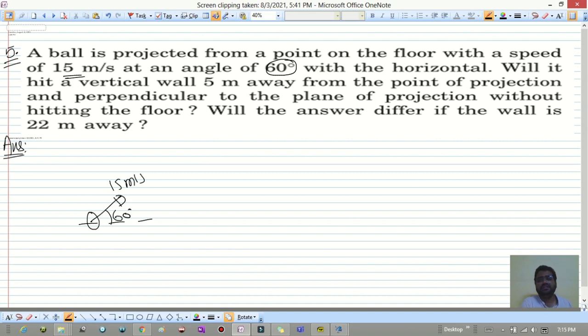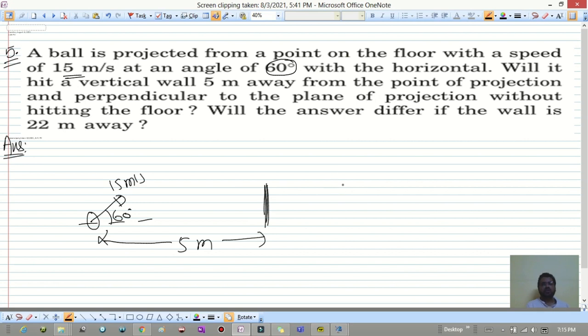Will it hit a vertical wall 5 meter away from the point of projection? So from the point of projection, one wall is there 5 meter away. Now we have to check whether this ball will reach the 5 meter distance or not.